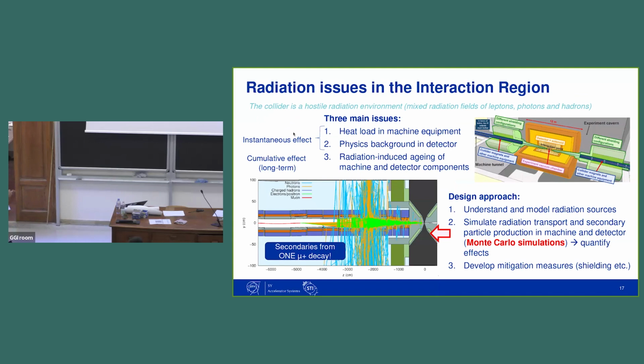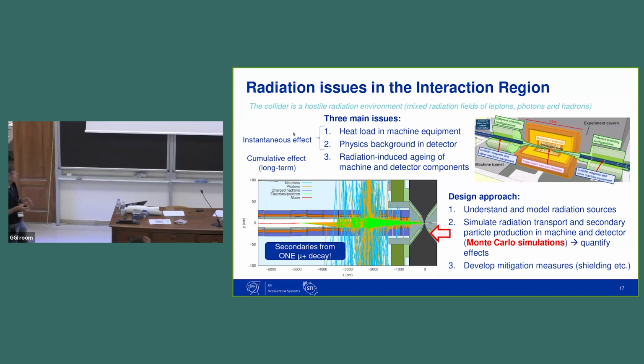There are essentially three main issues we have to deal with. The first one is the heat load in the superconducting magnets. It's very inefficient to extract heat from the superconducting magnets. There are also technical limitations on how much heat you can extract, and it's very costly. So if you need a cryogenic plant, this could cost a fortune.